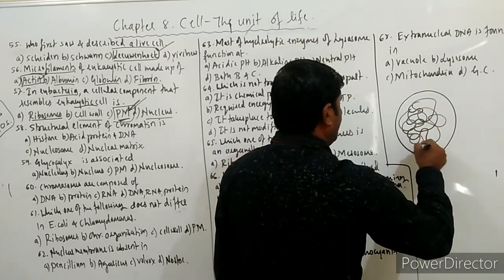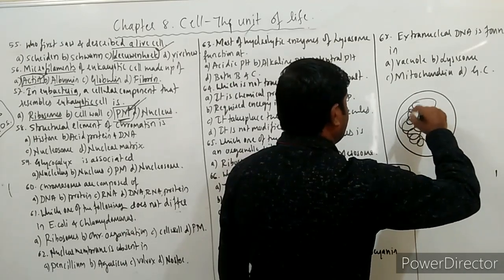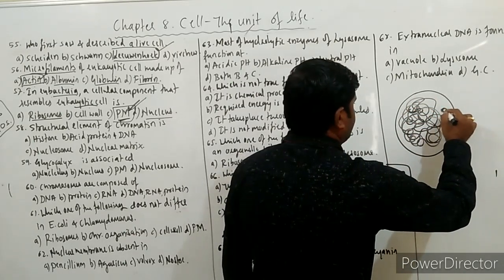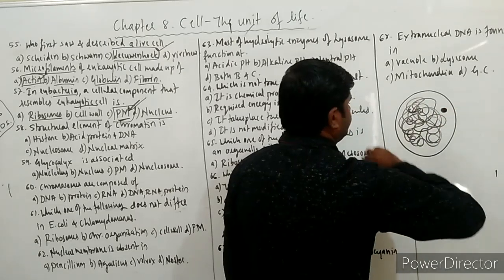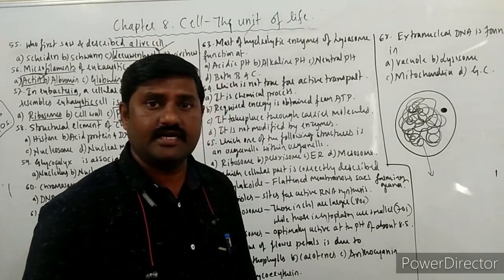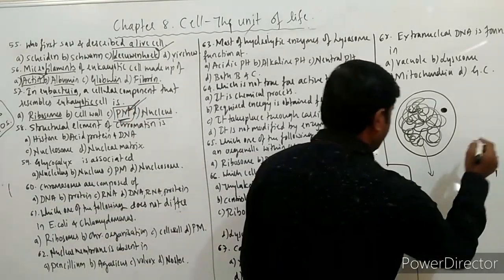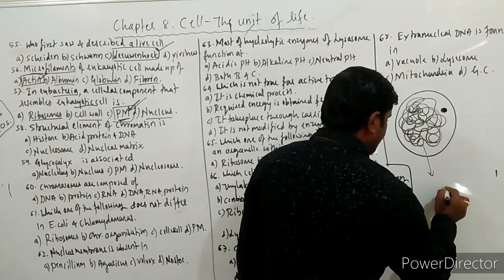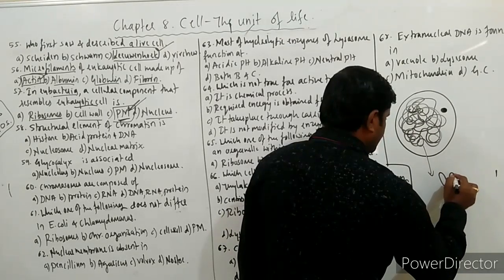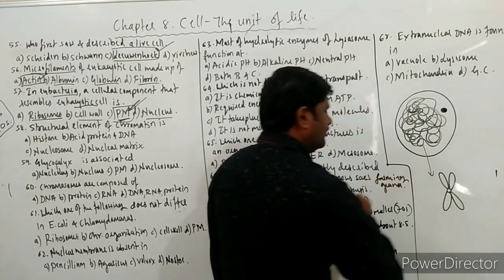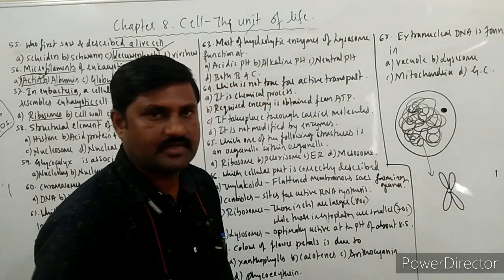It is a coiled thread-like material lying inside the nucleus, and the nucleolus is also present here. And this chromatin material goes on condensing itself so as to form very condensed structures called chromosomes. The structure of the chromosome will be like this. So this is one chromosome.